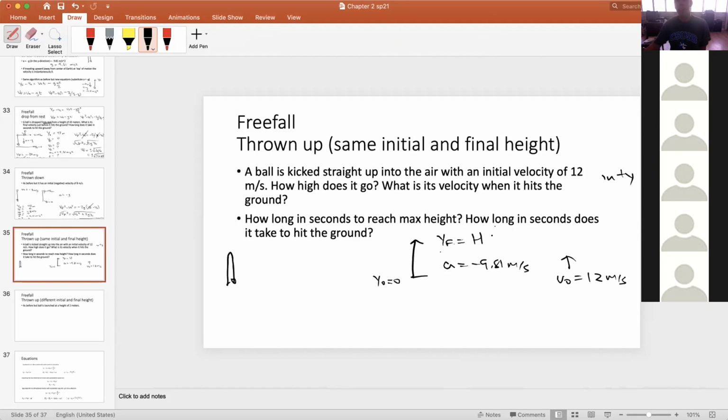And I know when it gets to maximum height, the velocity final there is 0. So when it reaches its maximum height, its velocity is 0. It still has the same acceleration. So we're going to find out how long it takes to get up there and how long it takes to come back.